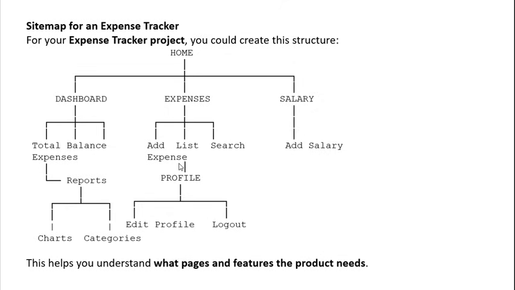The profile lets you edit profiles and log out, and the salary page is only to add the salary. This helps to understand what pages and features the product needs.